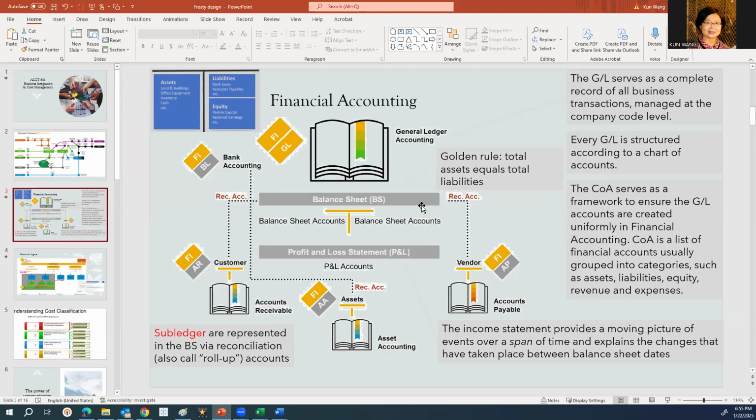So the transaction data is captured by the financial accounting system and initially stored in the different ledger accounts. And then periodically, the accountants or the system will automatically summarize the balances from different accounts and prepare the external financial statements. We also have subledgers. Subledgers normally refer to accounts receivable and accounts payable, because we have multiple customers, right?